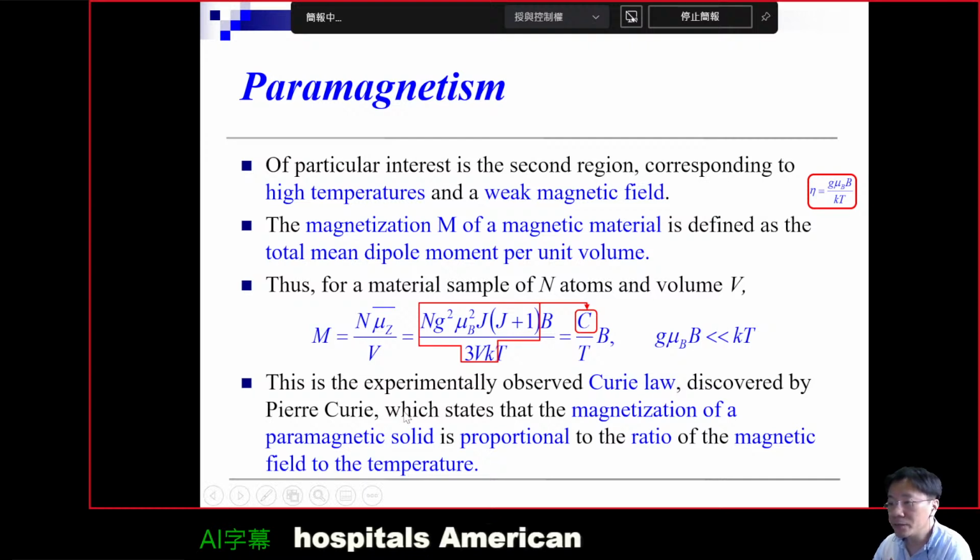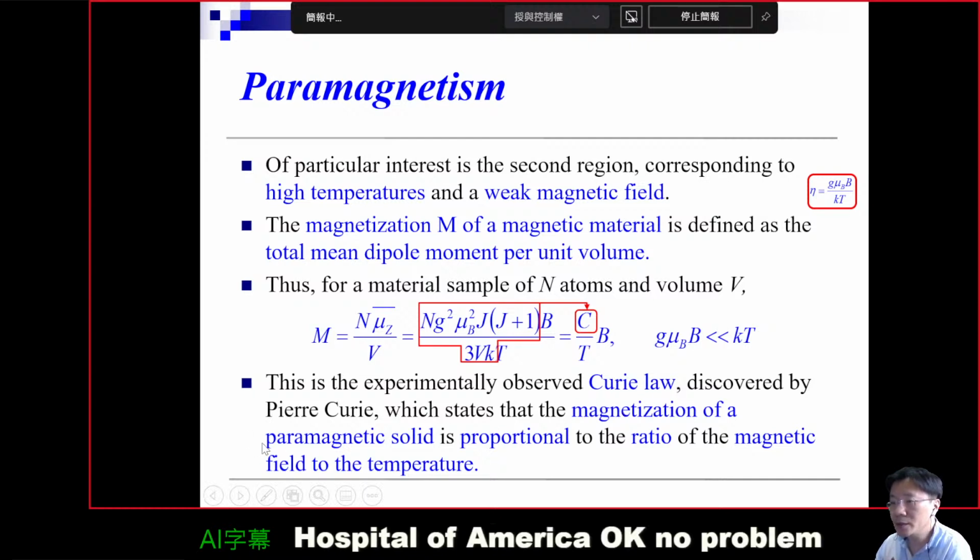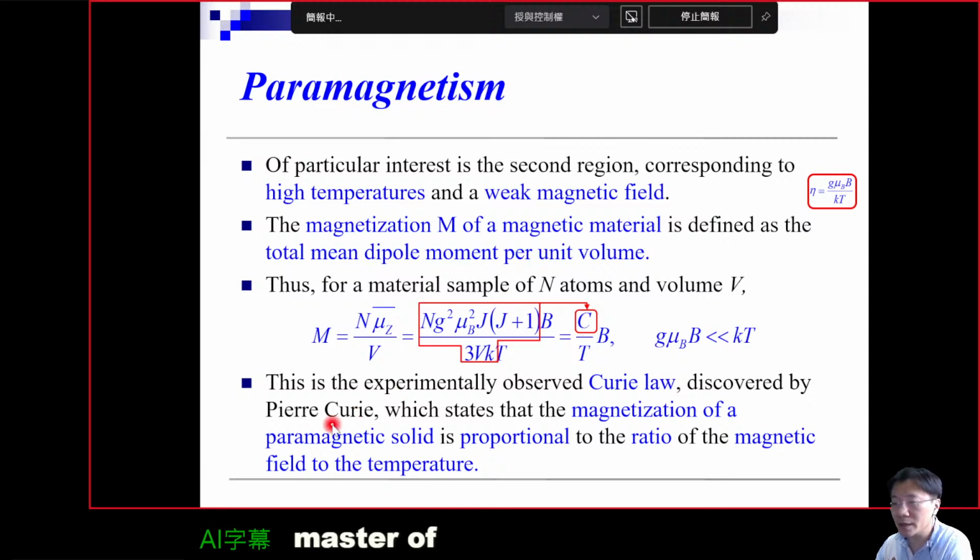So he found that the magnetization of a paramagnetic solid is proportional to the ratio of the magnetic field to the temperature.